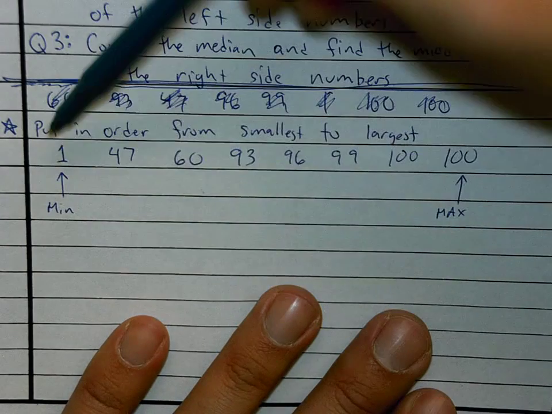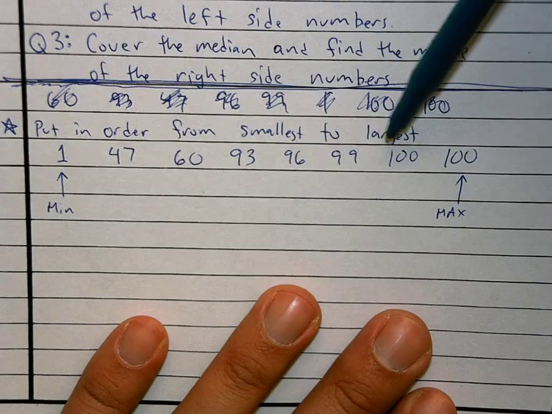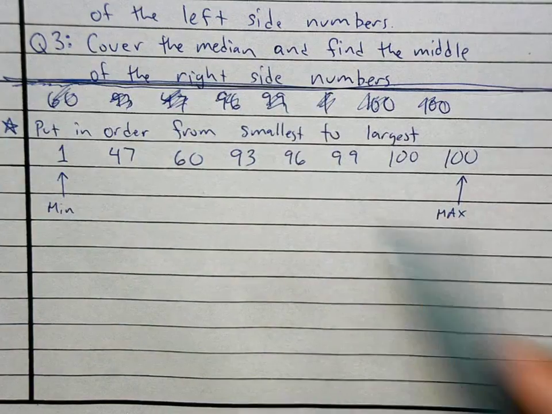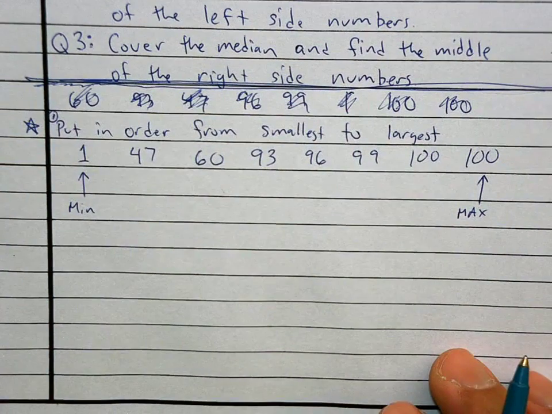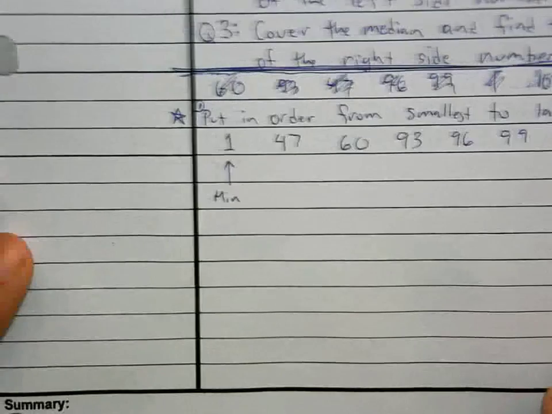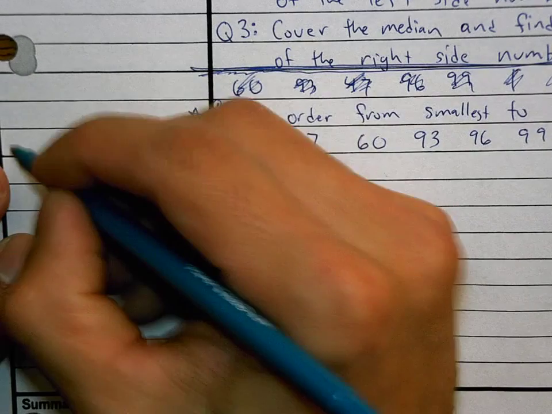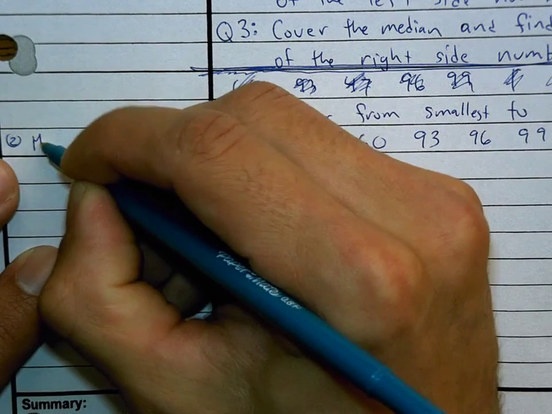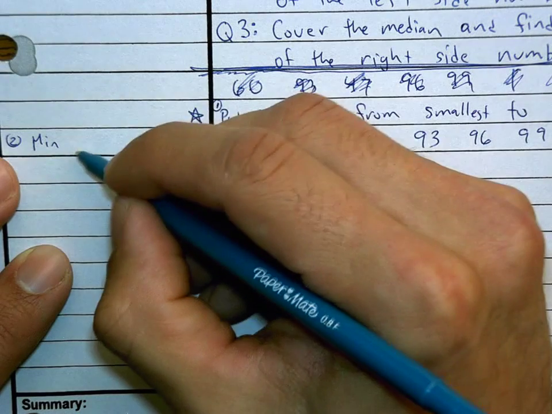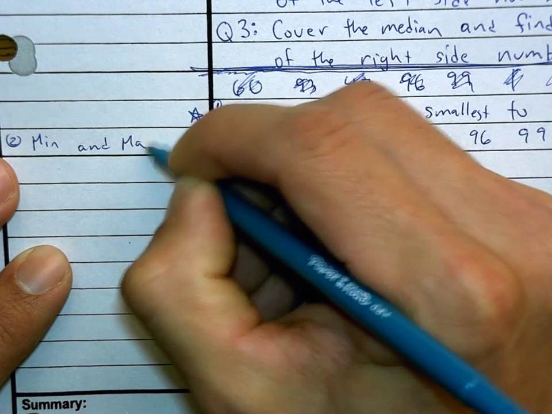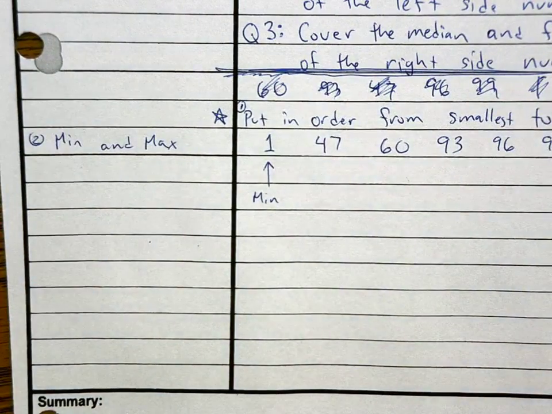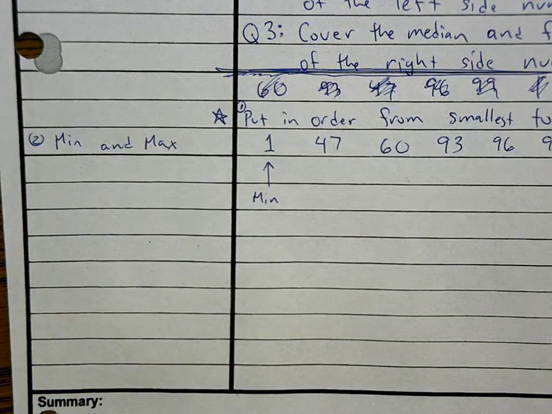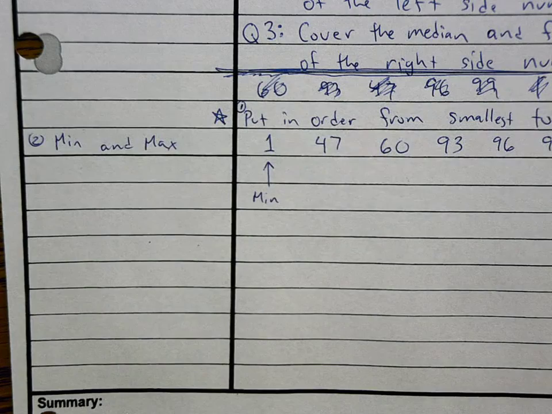The first thing we do is we put it in order from smallest to largest. I'm going to put a number 1 next to that. The second thing we do is identify min and max. I have to put that off to the side because I don't have enough room anywhere else. Identify your minimum and your maximum.